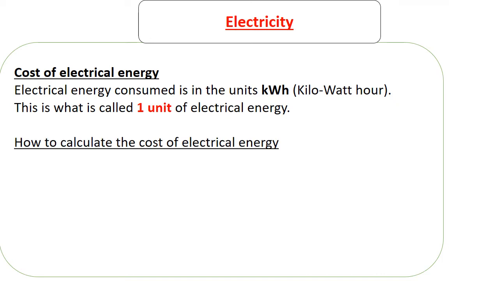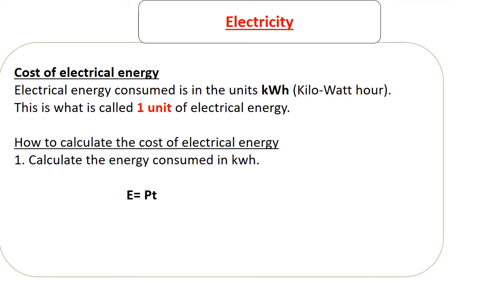So how do we calculate the cost of electrical energy? The first thing you do is calculate the energy consumed in kilowatt hours. So calculate the power, but express it in kilowatts. Then you multiply it by the time that power has been consumed, that is, the time the appliance was being used.